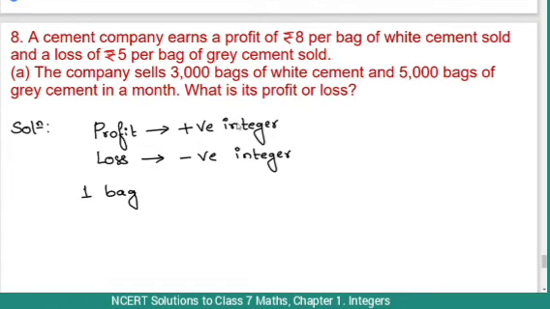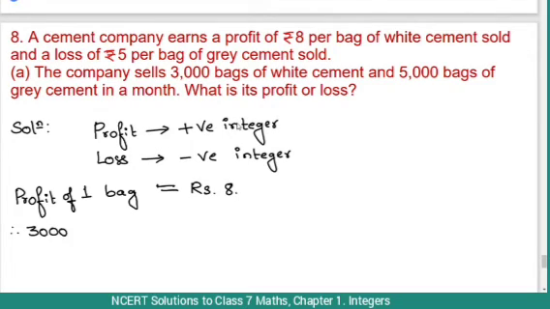Here for profit of 1 bag, company earns rupees 8. So profit of 1 bag is equal to how much rupees? It is rupees 8.